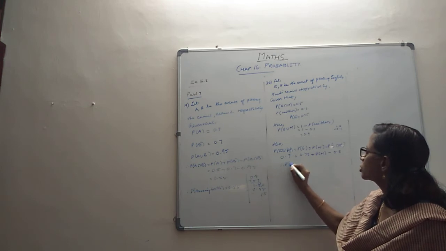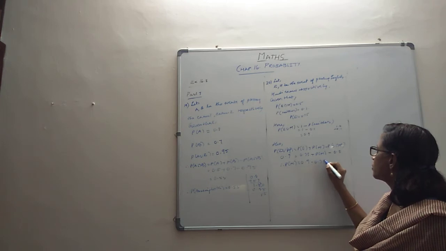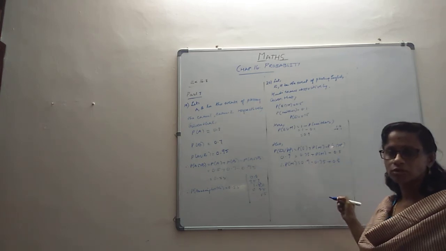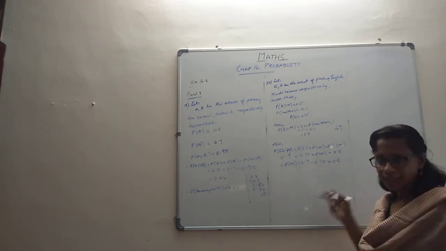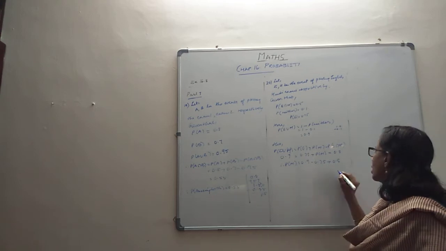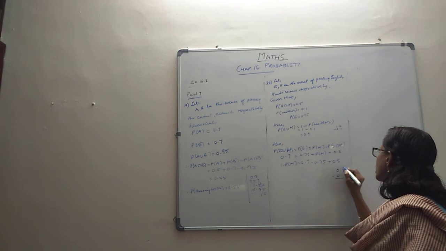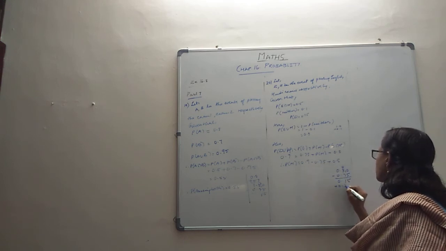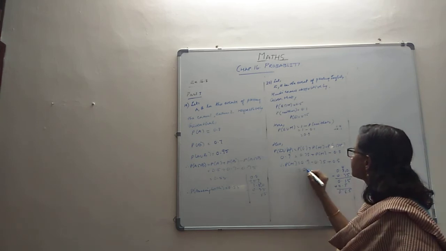So probability of H, taking everything to the other side, is 0.9 minus 0.75 plus 0.5. Entrance aspirants can do it in one shot, by looking at it. Otherwise we'll say 0.9 minus 0.75 is 0.15, and adding 0.5 gives 0.65.